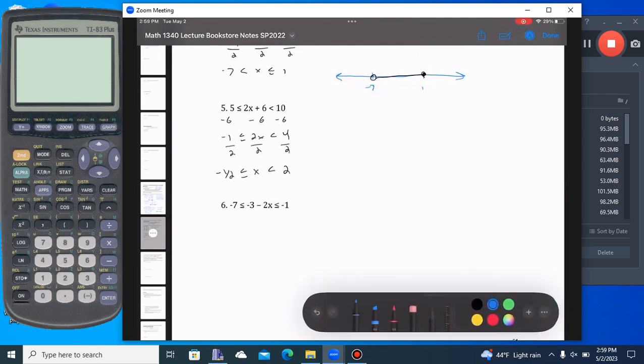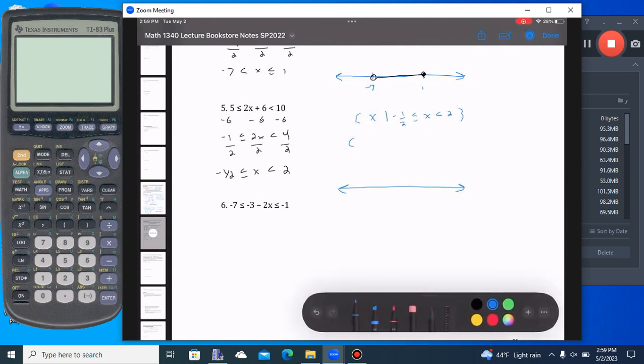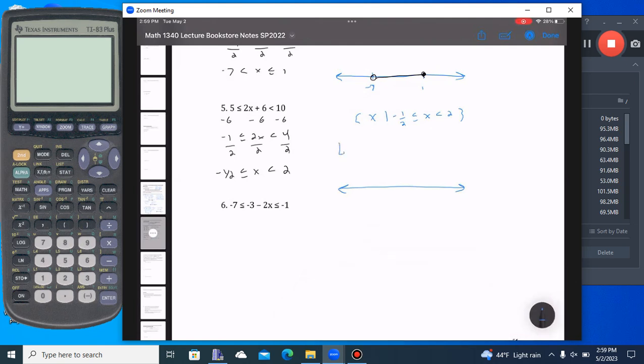So set notation of x such that negative 1/2 is less than or equal to x less than 2. Interval notation, the negative 1/2 is included. And the 2 is not. And then graphing it, closed circle at negative 1/2, open circle at 2, everything in between.